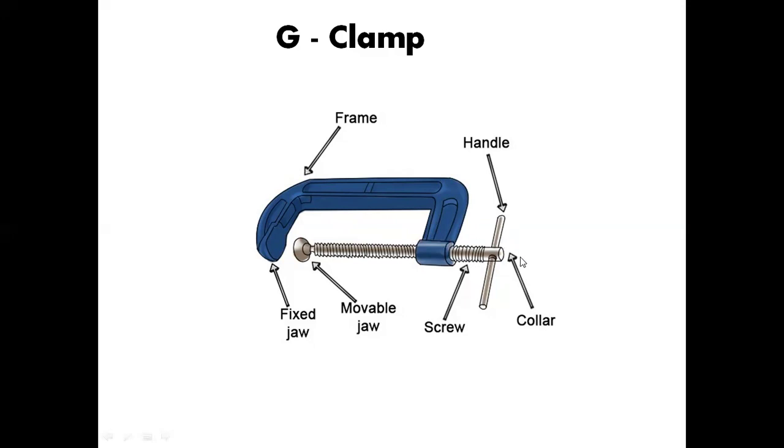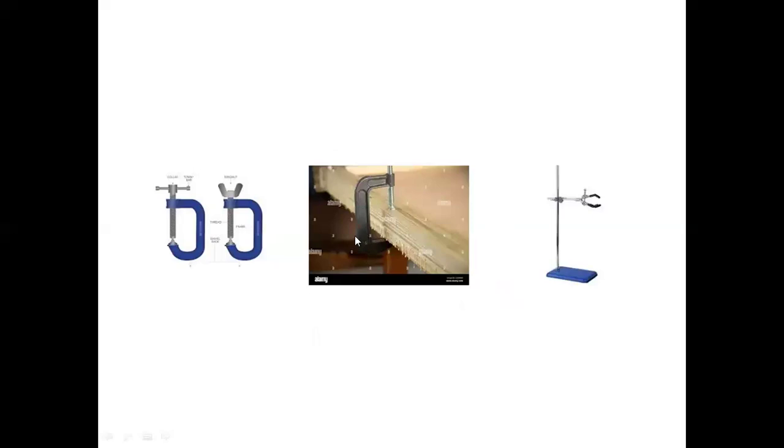Here you can tighten it with the handle, and the screw will be tightening up, and these are the movable jaws. There are two jaws, one is movable and the other one is a fixed jaw. The diagram shows how something is clamped using this G clamp.